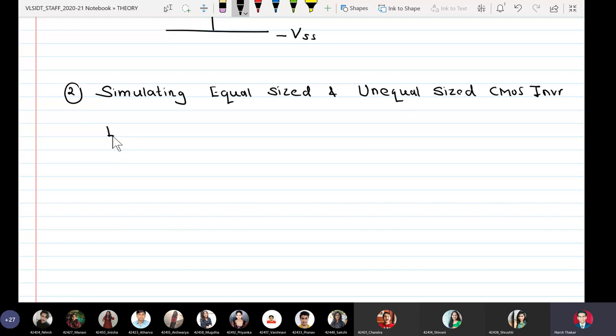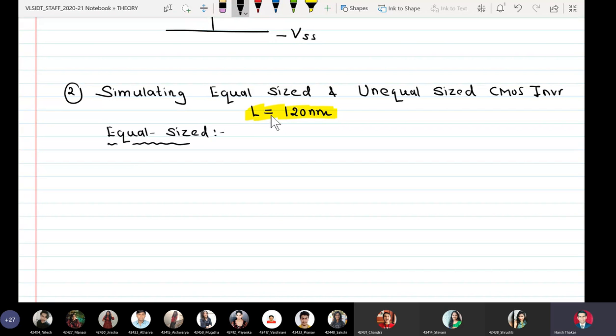Okay, so here for equal size we are going to take 120 nanometers as our process. Okay, we will see if we are having 120 nanometers foundry available.